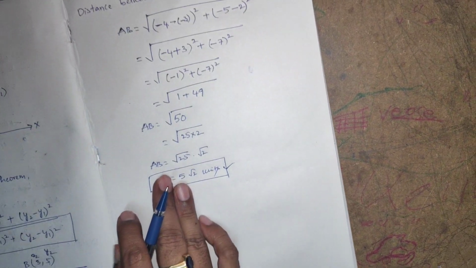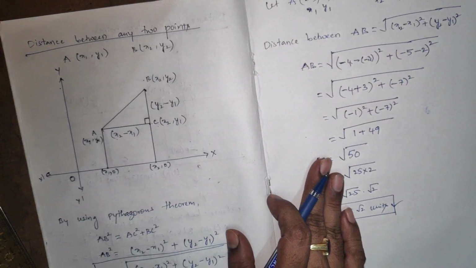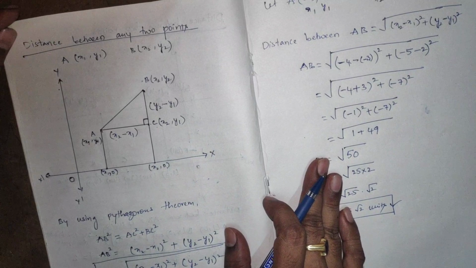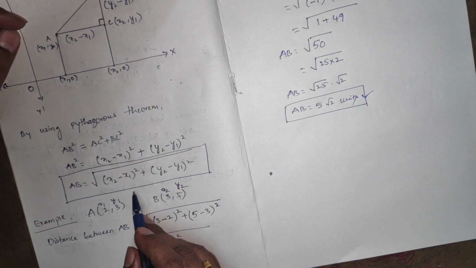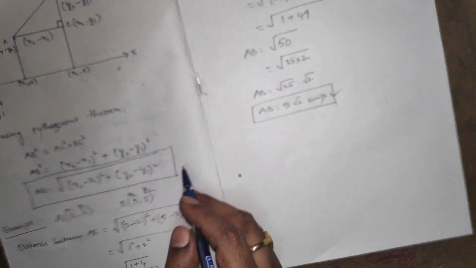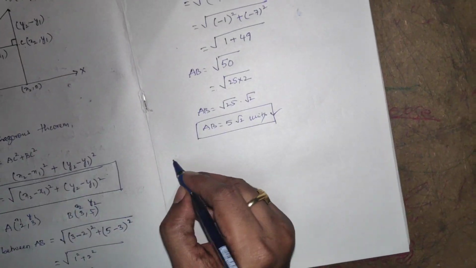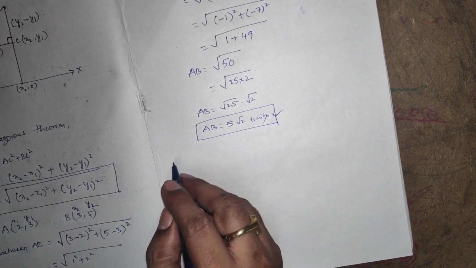Okay children, so this is the derivation of the distance between any two points whose coordinates are x1, y1 and x2, y2, given by the formula AB is equal to root of (x2 minus x1) whole square plus (y2 minus y1) whole square.